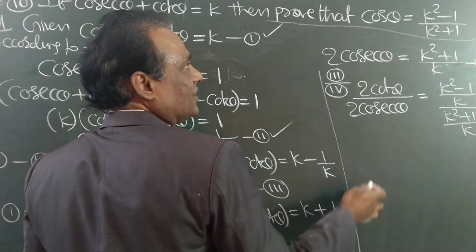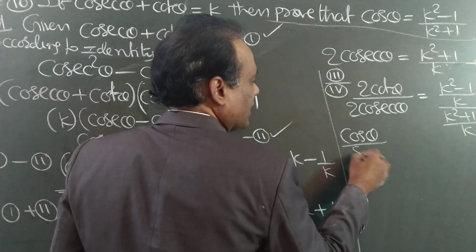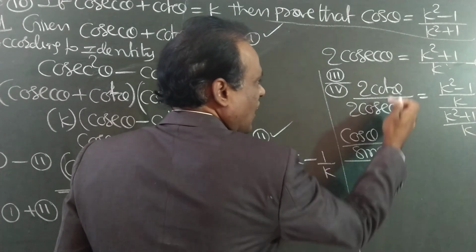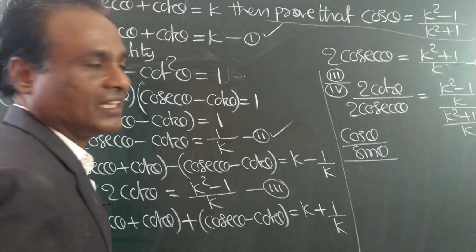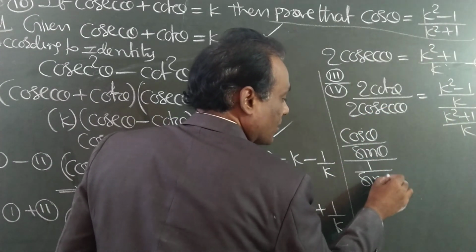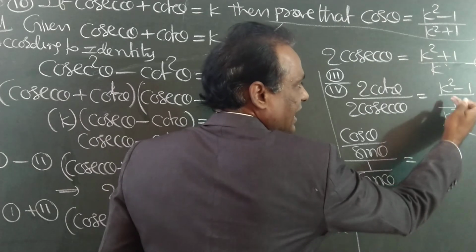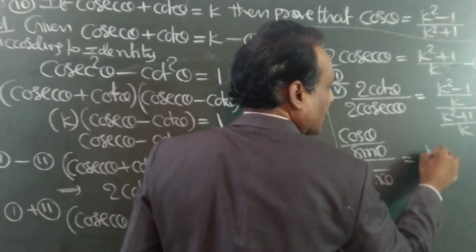2 cancels. Cot theta is equal to cos theta by sin theta, that formula. Cosecant is equal to 1 by sin theta. K cancels. What is the right side?